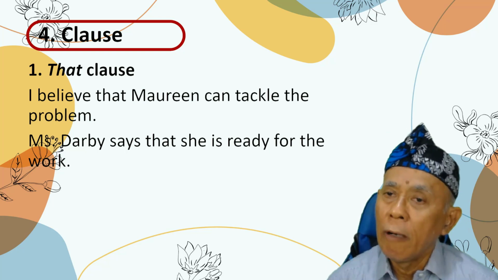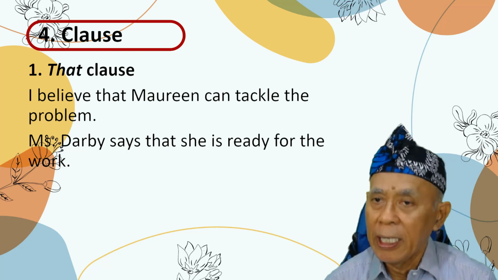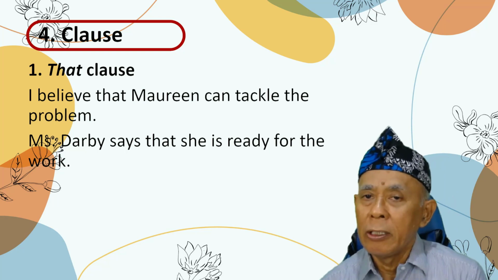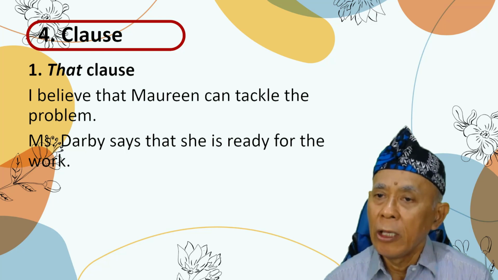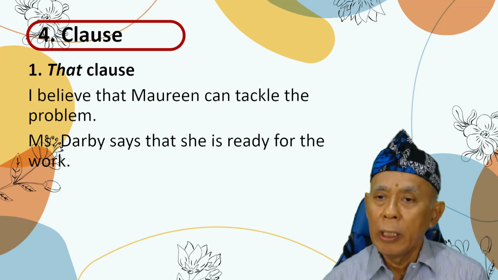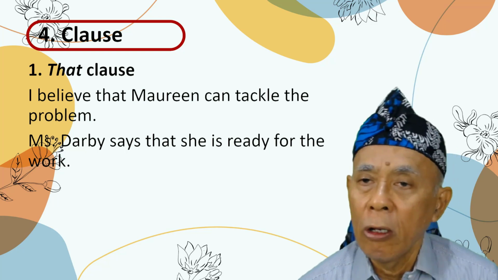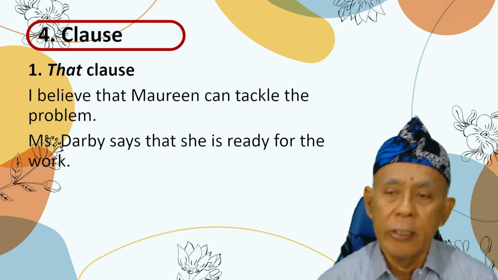The subject of the clause is Maureen, the predicate is can tackle, and the object is the problem. Mrs. Derby says that she's ready for the work. Here we have the that clause, that she is ready for the work, as the object of the verb says.